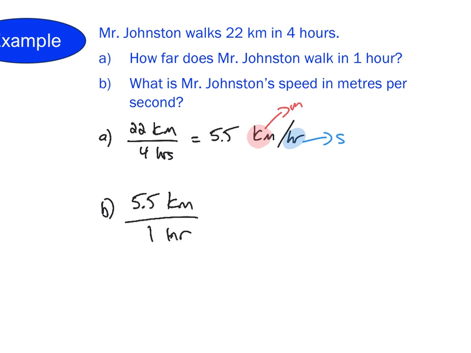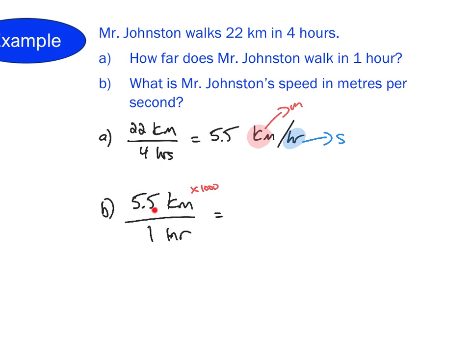Now, let me ask you this. How many meters are there in a kilometer? 1,000. So we're going to multiply 5.5 by 1,000. And again, before we go reaching for the calculator, remember, we're just moving the decimal place 3 spots to the right.